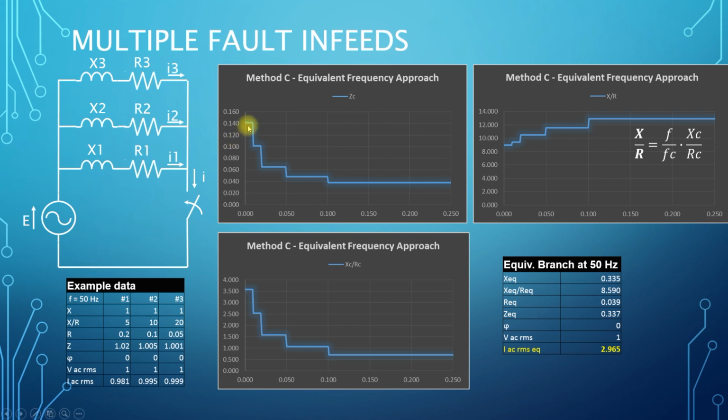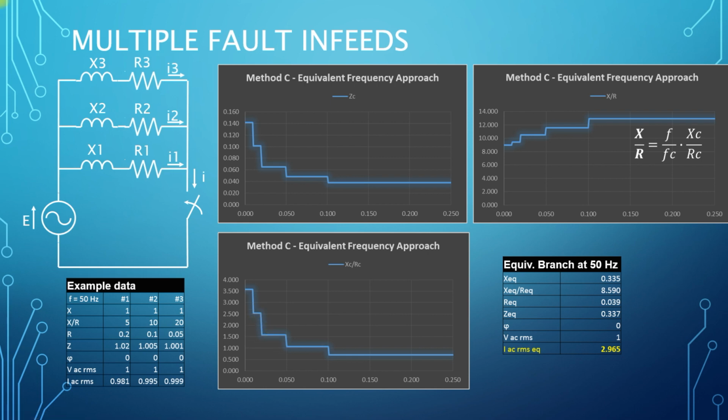So for the value of FC which is appropriate in each time window, we calculate the equivalent impedance ZC of these branches in parallel, and that gives us the value that we have plotted here. So that gives us ZC. Once we know the magnitude and angle of ZC, we can calculate the variable X upon R ratio, XC over RC, which is plotted here.